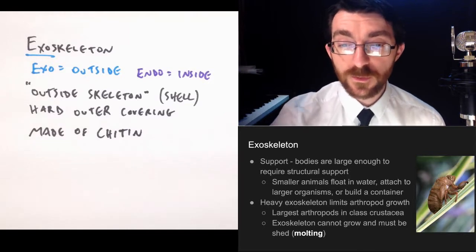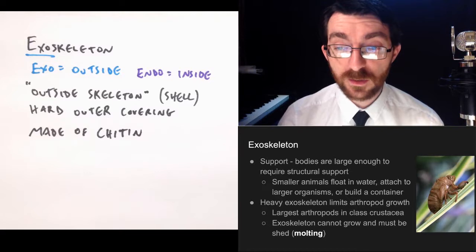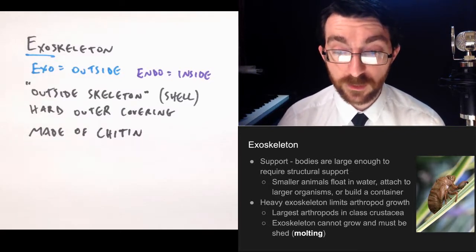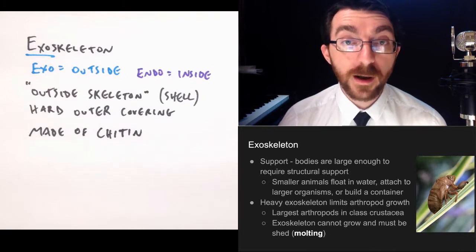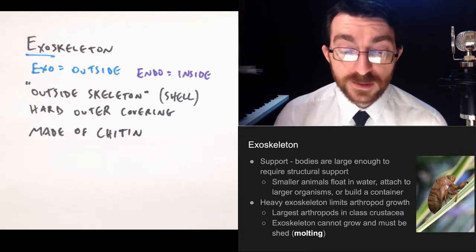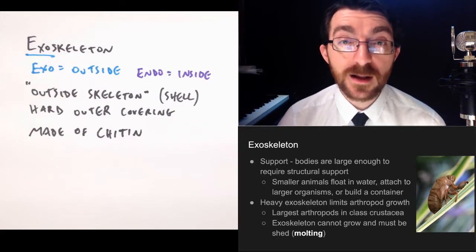What does it do? Well, the first thing that it does is it supports their bodies. So their bodies are actually large enough that they require structural support. If you are microscopic or just very tiny, you could just be a blob. That's fine, because you're so light that gravity isn't enough to pull you down and deform you.